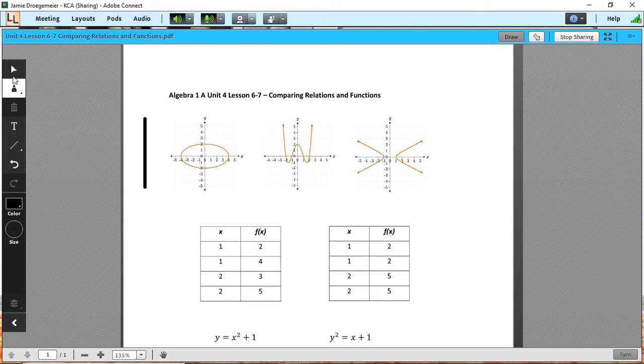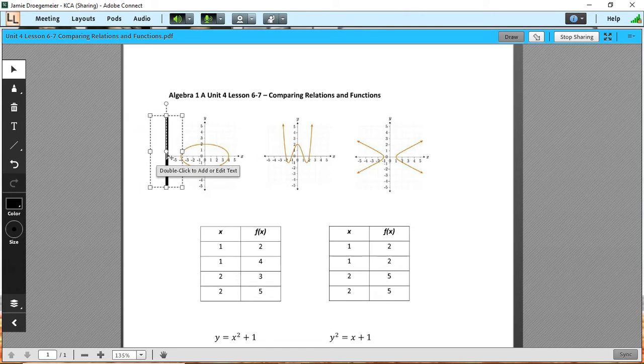All right, and so for it to be a function, if I drag it across, remember we said it shouldn't touch more than one point at a time. And so you can see on this oval here, I'm always hitting 2 different points when I cross that. So that tells me that that one is not a function.